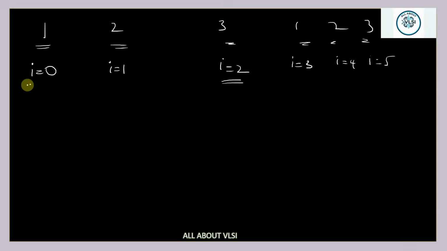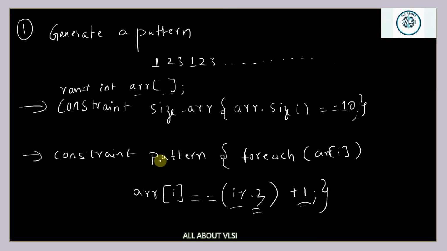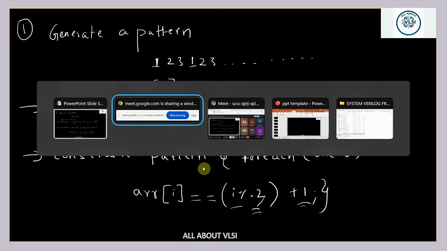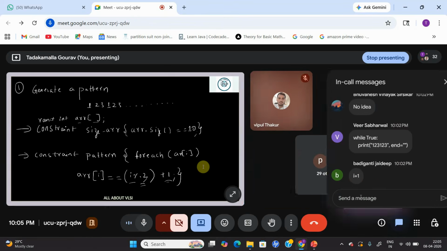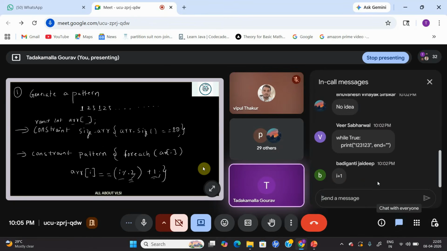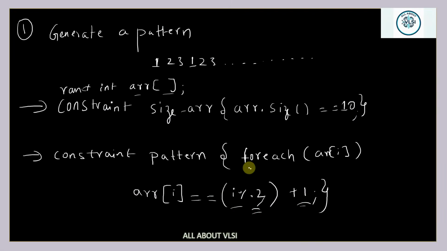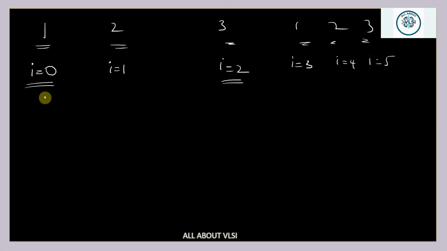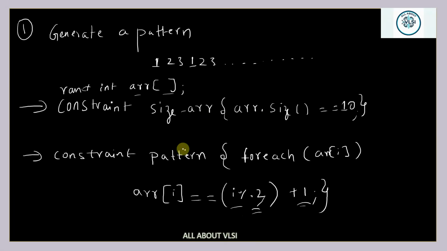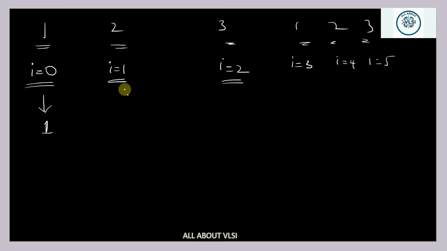What happens here? If I is equal to 0, what is the remainder when dividing 0 by 3? It is 0, so we add 0 plus 1 and get 1. If we divide 1 by 3, the remainder is 1, so adding 1 we get 2.